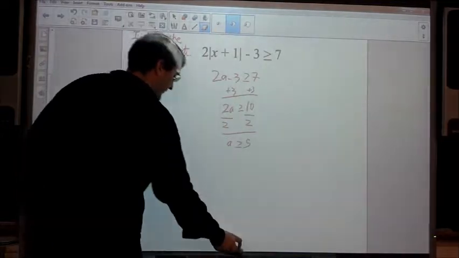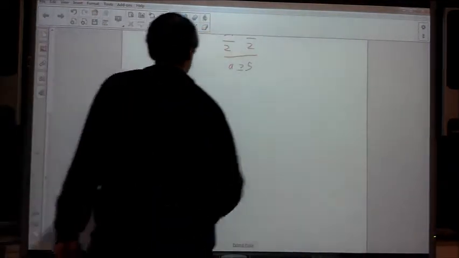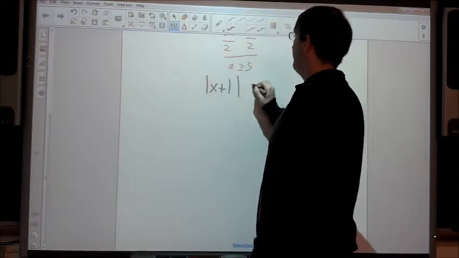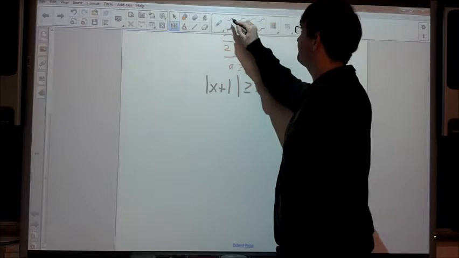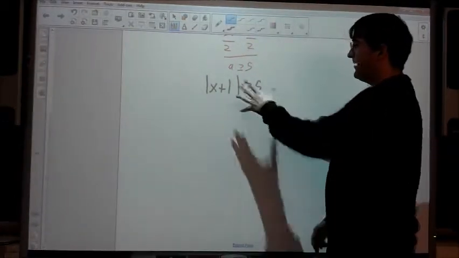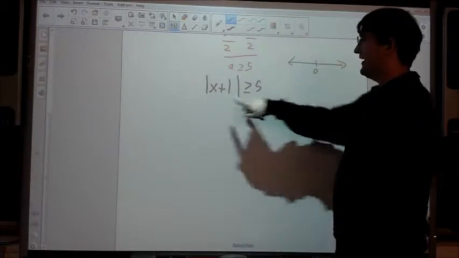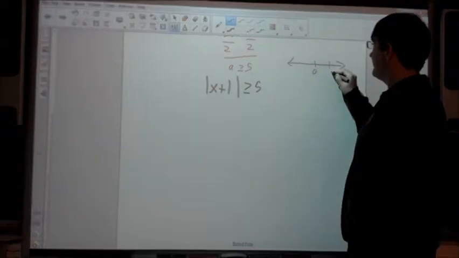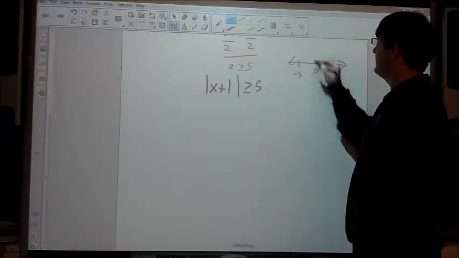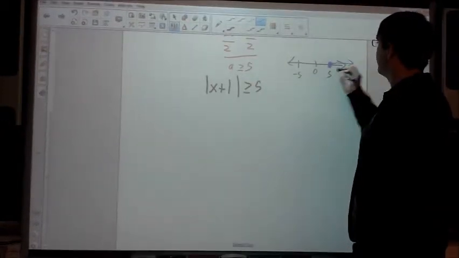So a was x plus 1, so I'm going to put that back in. And if you had never taken it out in the first place, then that's fine. Absolute value of x plus 1 is greater than or equal to 5. Now, from the previous video, you should remember that whatever x plus 1 actually is, it's either at 5 or negative 5 or beyond.